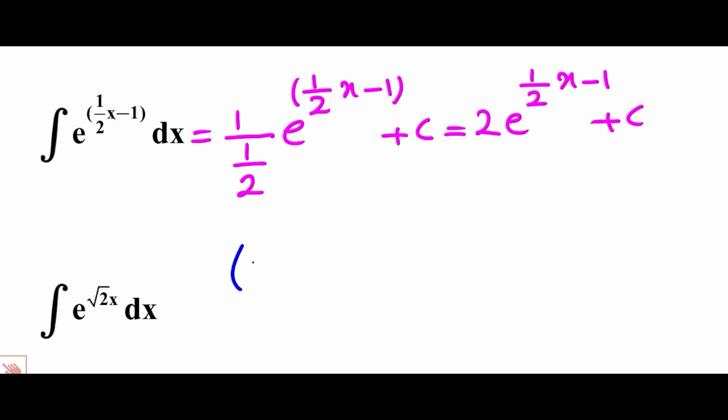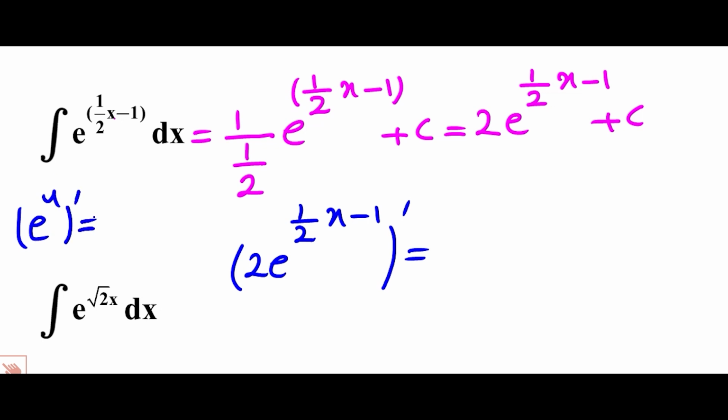the derivative of 2e to the 1 half x minus 1 equals, we know that the derivative of e to the u equals u prime e to the u.